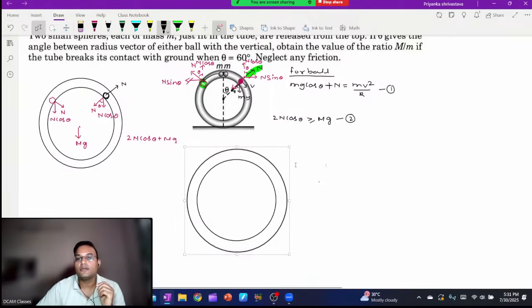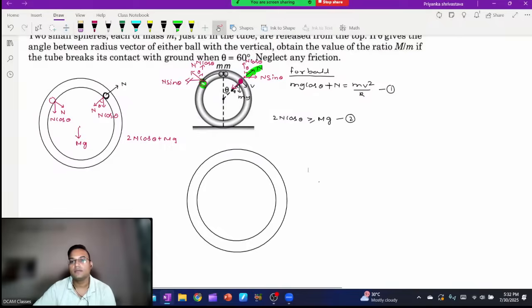When it is sliding on the outer surface, the normal reaction on the ball will be towards inside, and similarly, the normal reaction on the tube will be on the outside.